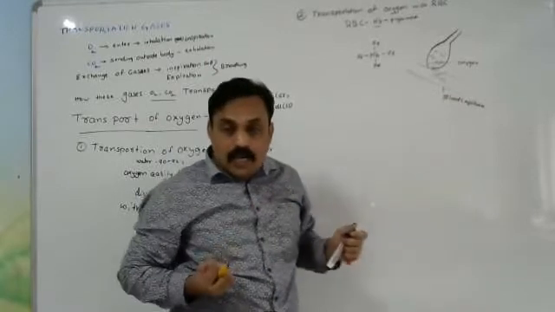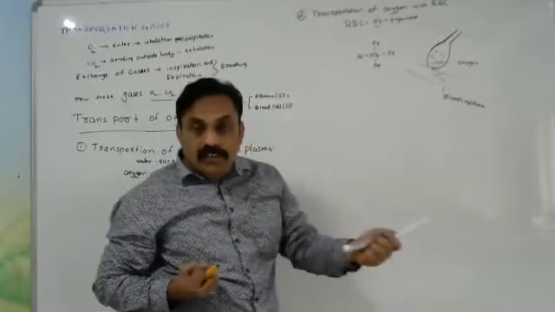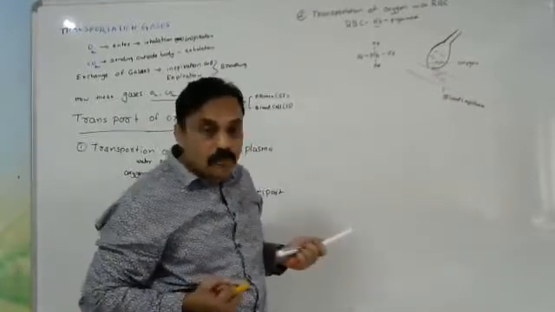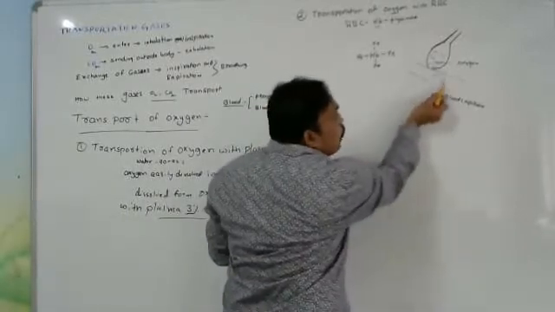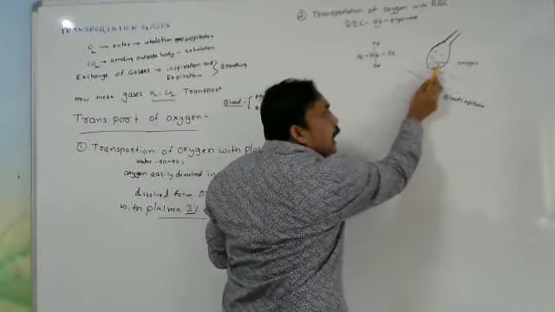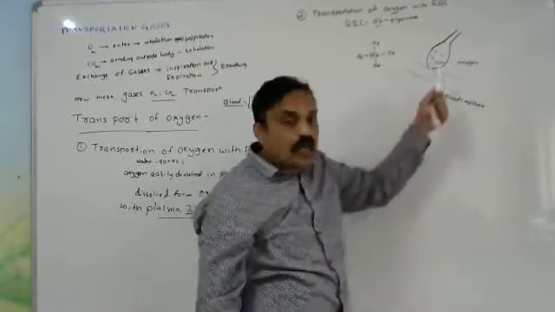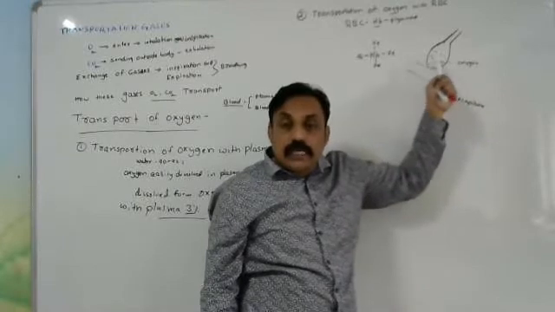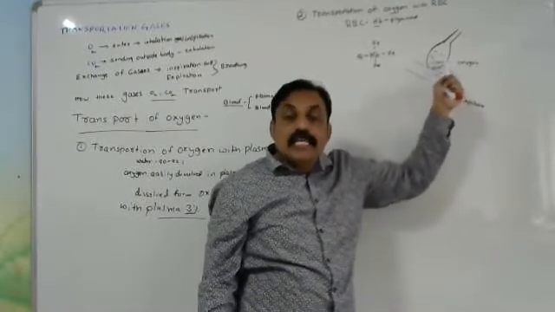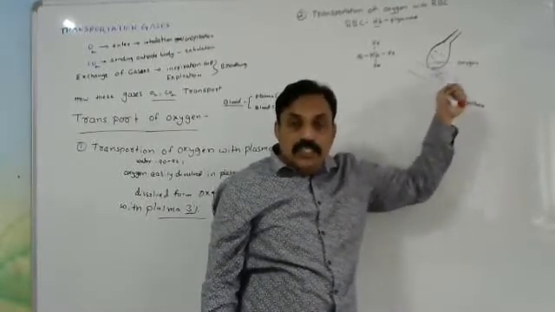Hemoglobin traps oxygen. Based on the concentration, if the oxygen concentration is increased in the alveoli, it diffuses into the blood.